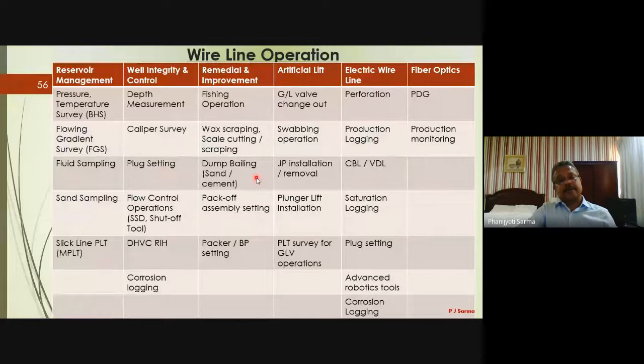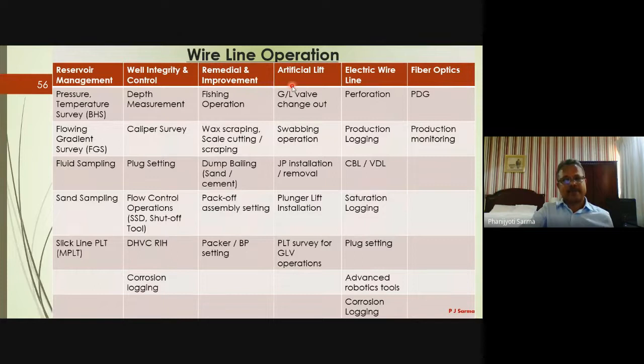Then dumping cement or dumping sand. Sometimes we want to dump sand in the wellbore or dump cement to block a leaky, for example, bridge plug. That can be done with the wireline operation. Pack-off assembly setting also can be done. Bridge plug setting. All these remedial or improvement jobs can be done with the wireline operation.